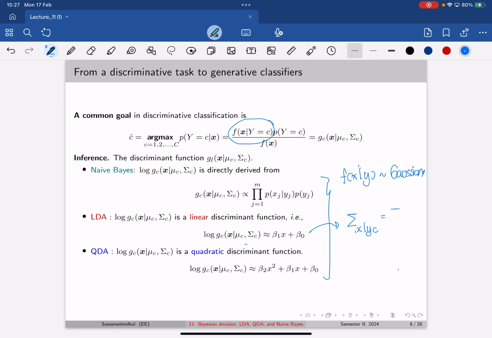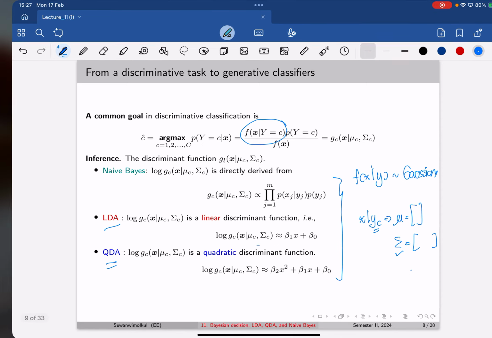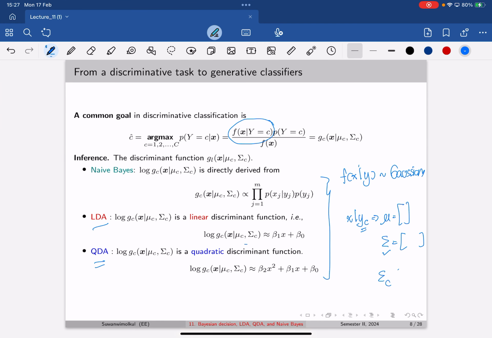So the covariance of x will be, okay, how should I write this? You probably can derive something like the distribution of y given x, and that will have a mu being a vector here and a covariance matrix being a matrix here. For LDA, we assume that regardless of the class you will have the same covariance matrix. But for QDA, for a different C, you have a different covariance matrix.